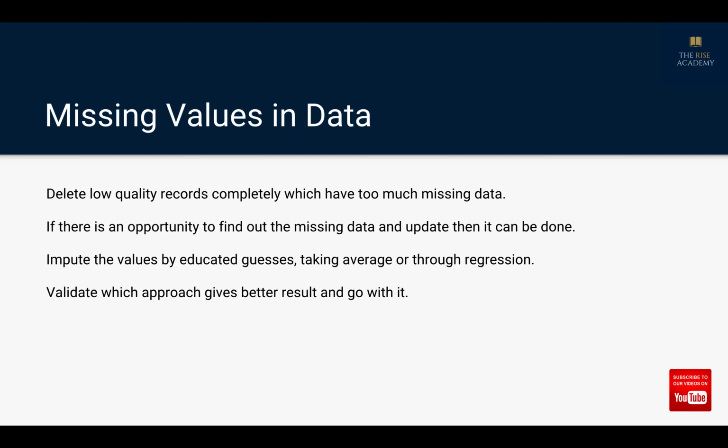And then you can try out different methods and see with which method you are getting the best result, and then select it, because depending on the situation, sometimes just ignoring the data is good, sometimes taking the average is good, so you have to see which one is working best for you and then take a decision based on that.